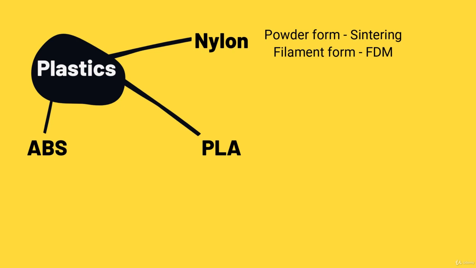It is a strong, flexible and durable plastic material that has proved reliable for 3D printing. It is naturally white in color, but it can be colored pre or post printing.